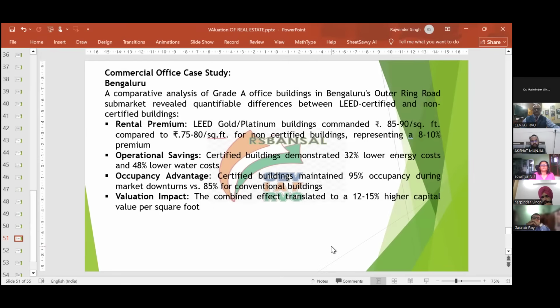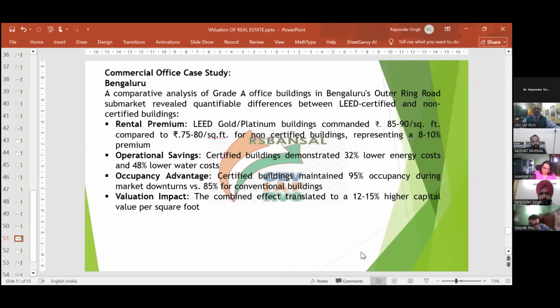These certifications are given on the basis of certain criteria. If the building fulfils the criteria, it is certified as a LEED certified building or GRIHA certified building, as the case may be.